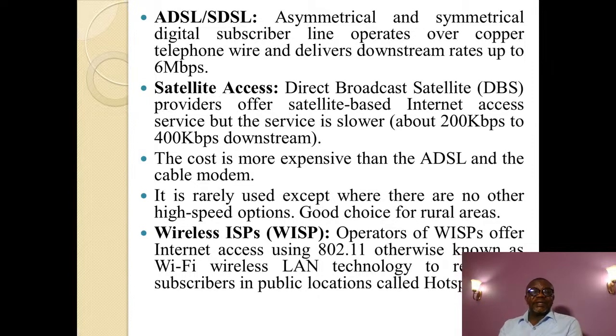It is rarely used except where there are no other high-speed options. It is a good choice for rural areas, because if they cannot get a high-speed one, they make use of the satellite where there will be no stations, substations, or wire connections.